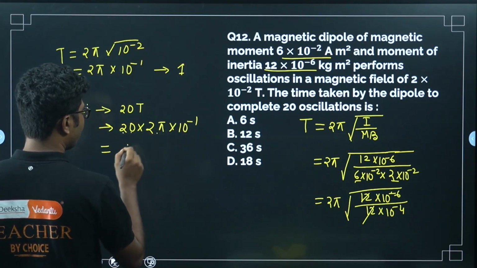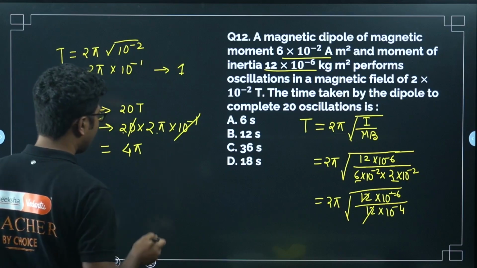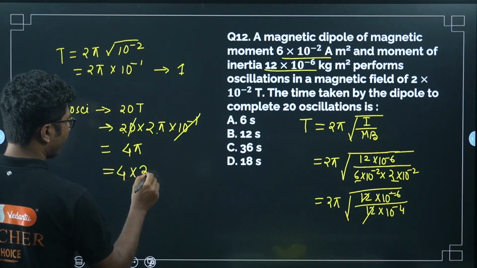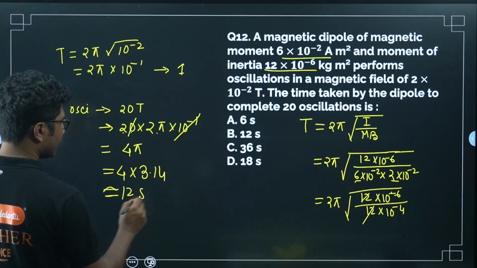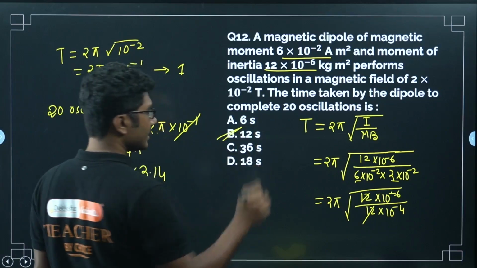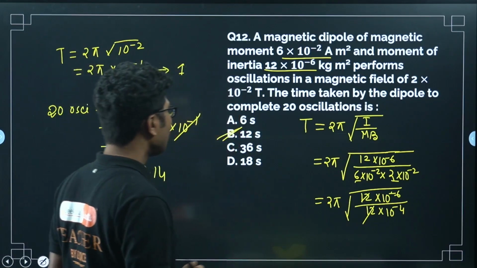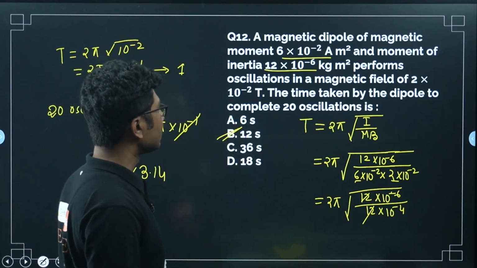So 2 times 2 is 4, 4 pi. Now what is 4 pi? 4 times 3.14, which is roughly 12 seconds. If you check the answer, 12 seconds is given. No need to worry. If some decimals are given after 12, then you can take that as well.